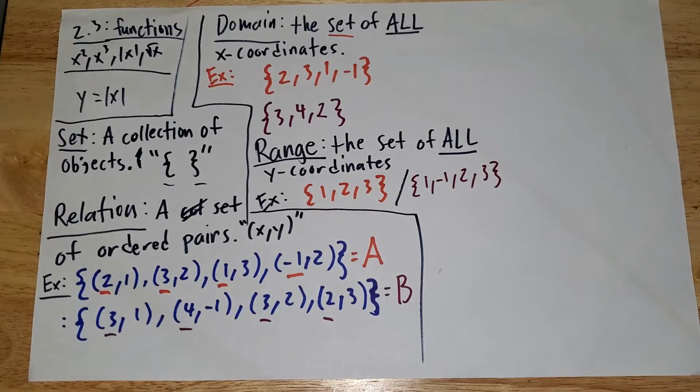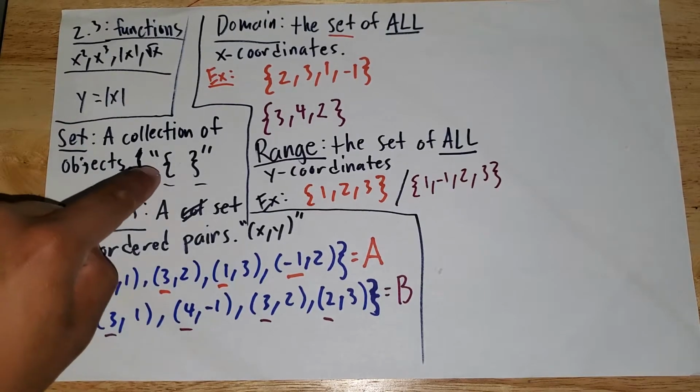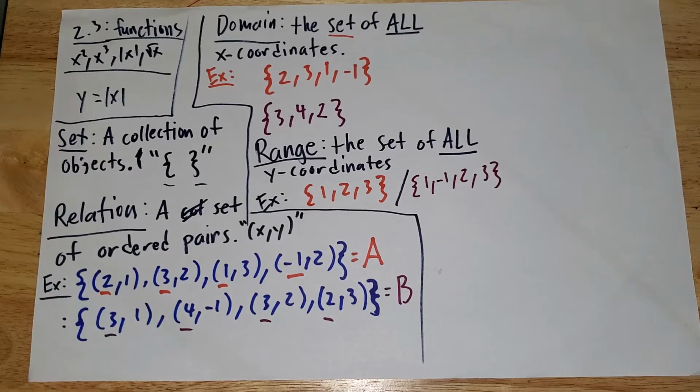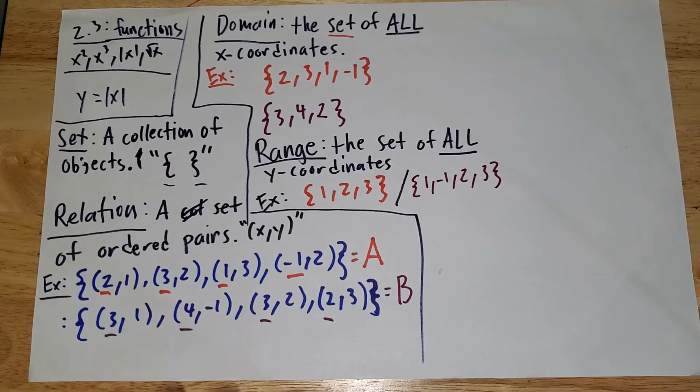And the reason why it's important to know all these terms first, so understanding a set is just a collection of objects. The objects here are x coordinates, objects here are y coordinates, objects here are ordered pairs. So depending how you're using the set, you always use braces as your set notation.